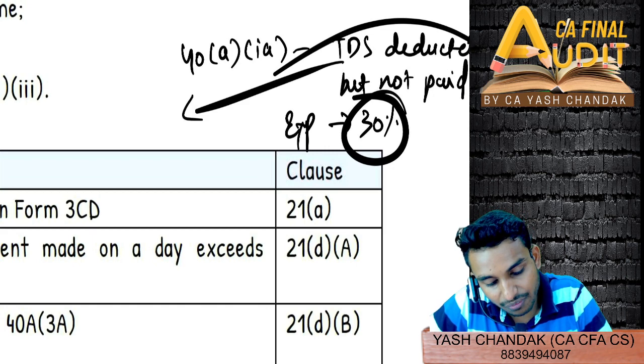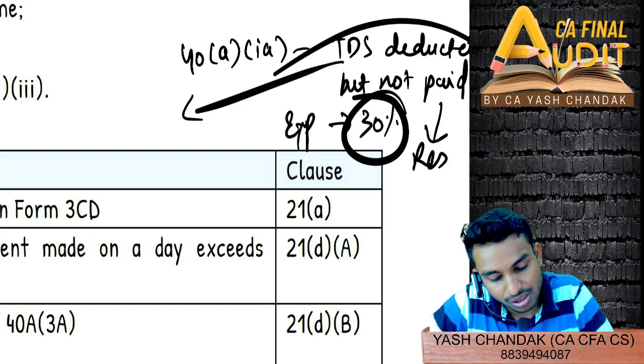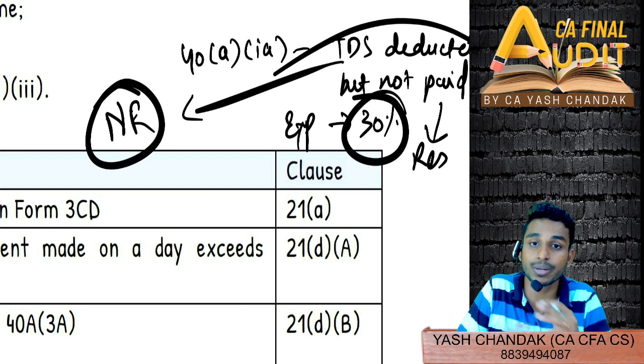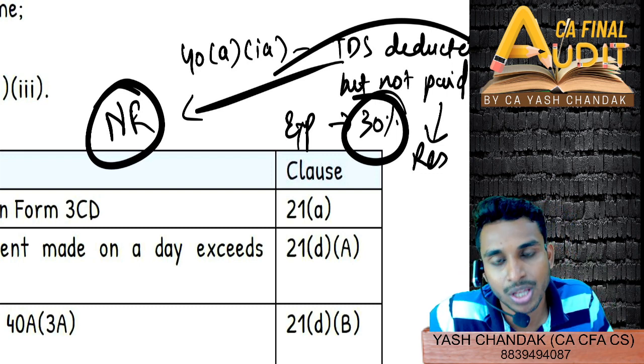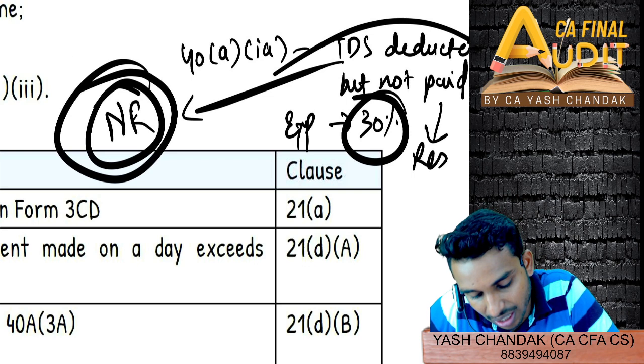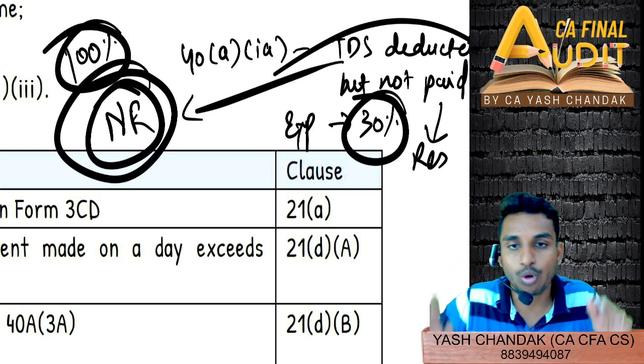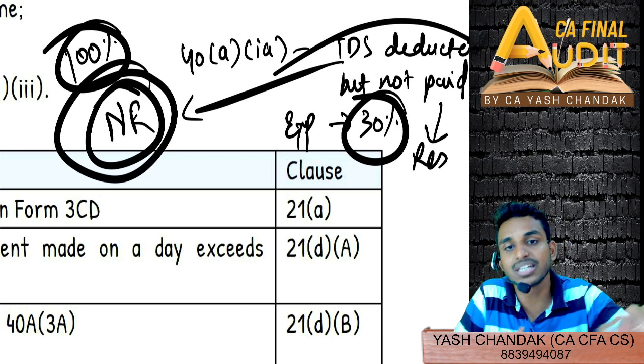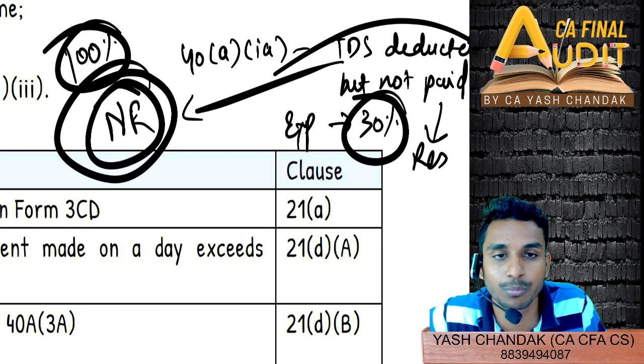Similarly, for a non-resident, if TDS is deducted but not paid, or TDS is not deducted at all, then the expense to the NR will be 100% disallowed. So if you have made the TDS payment before the due date of return, or whatever amendment you want to make, then you can amend the tax audit report.